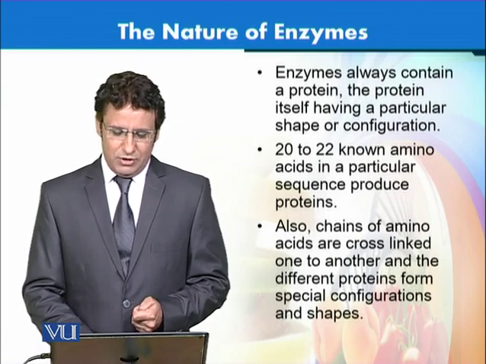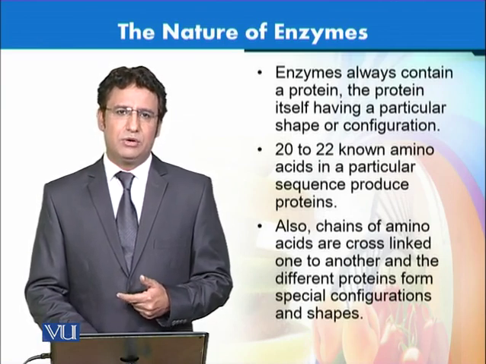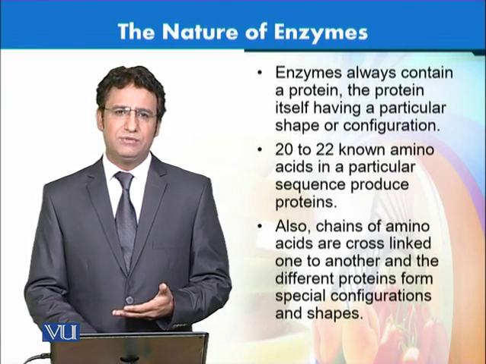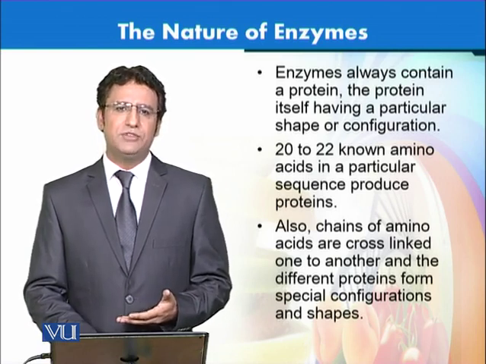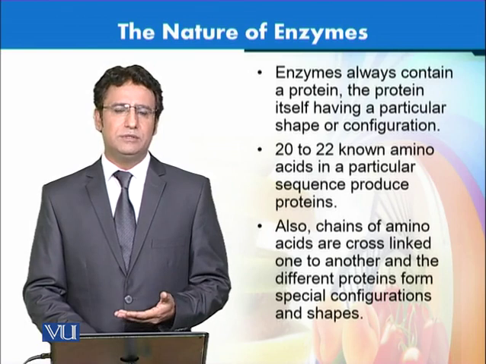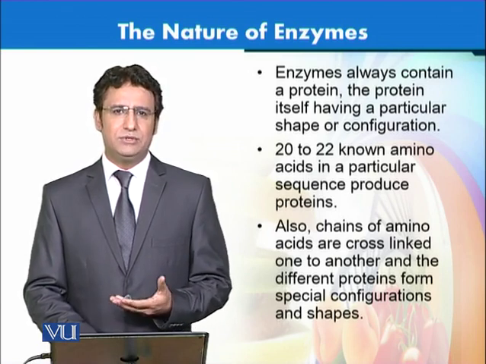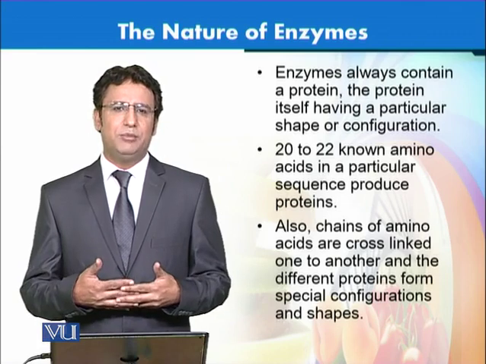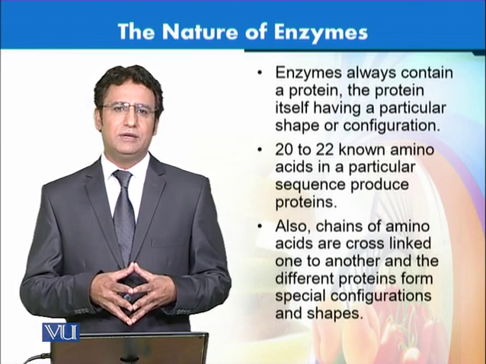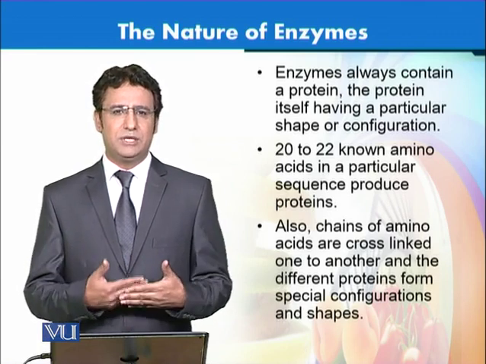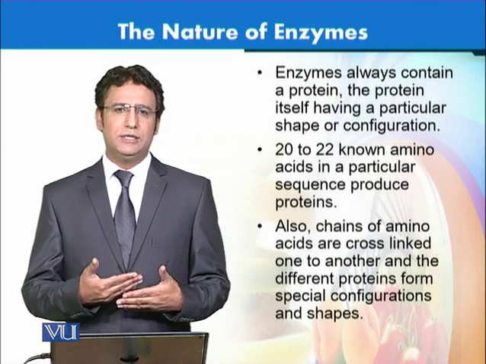These enzymes always contain proteins, and as we know, proteins are all made up of amino acids. Naturally, there are 20 to 22 amino acids predominantly in nature, and their unique sequence makes a unique protein, and these proteins have their own functions depending upon this sequence, and they have their own identity basically.